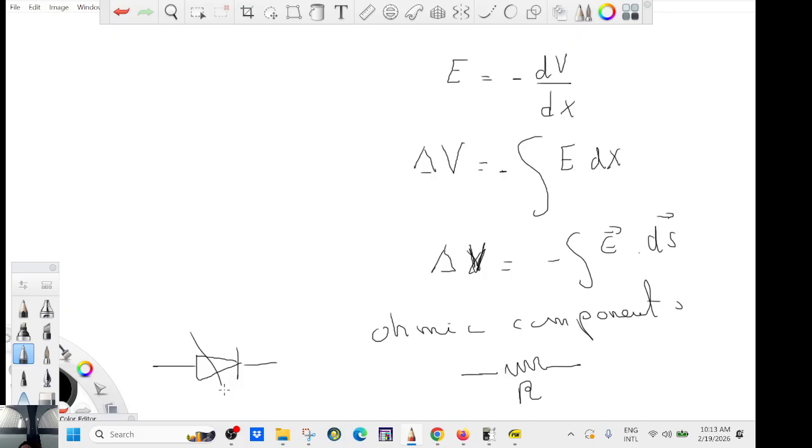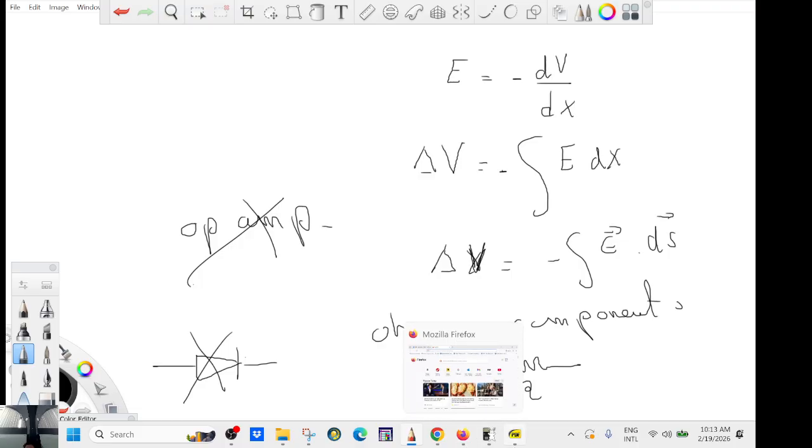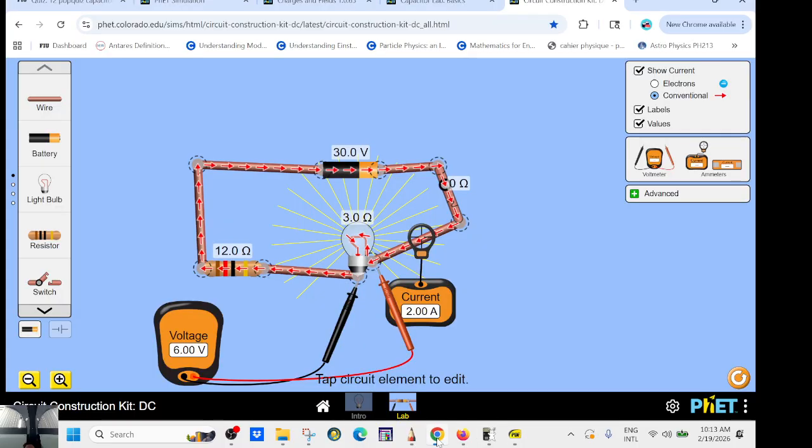This is an LED, it doesn't work. Or if you have an op amp, anything semiconductor, things like this, doesn't work. Or a transistor, it doesn't work. I forgot how to make a transistor symbol, but it doesn't work because it's a semiconductor.